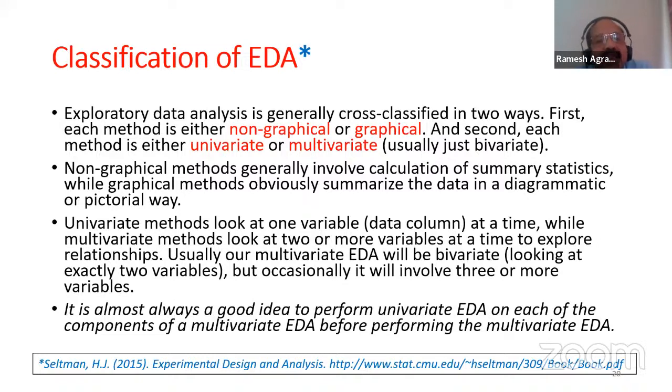As I have already said, when you are looking at one variable, one feature or one attribute at a time, you are using a univariate method. When you are analyzing the relationship between two or more variables, you are using a multivariate method. It is always good that you first go for univariate EDA, and then decide to go for multivariate EDA.